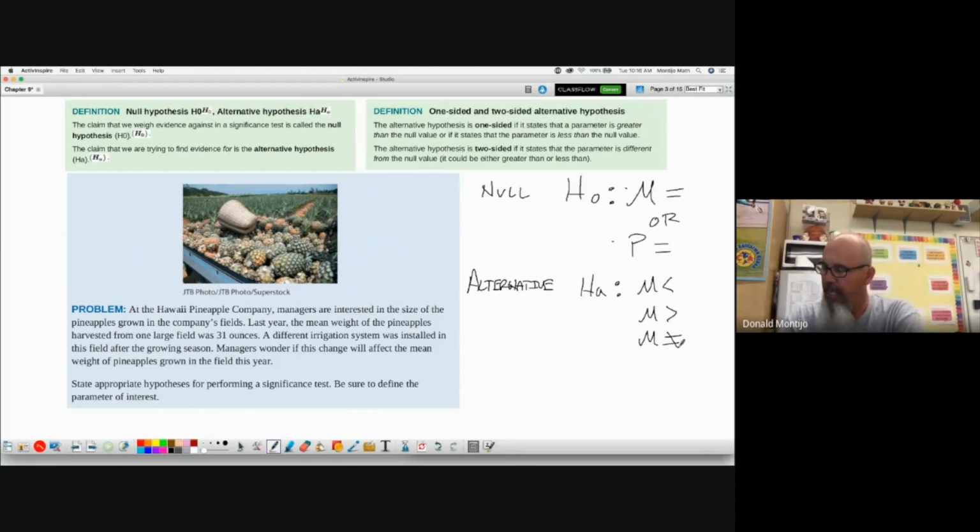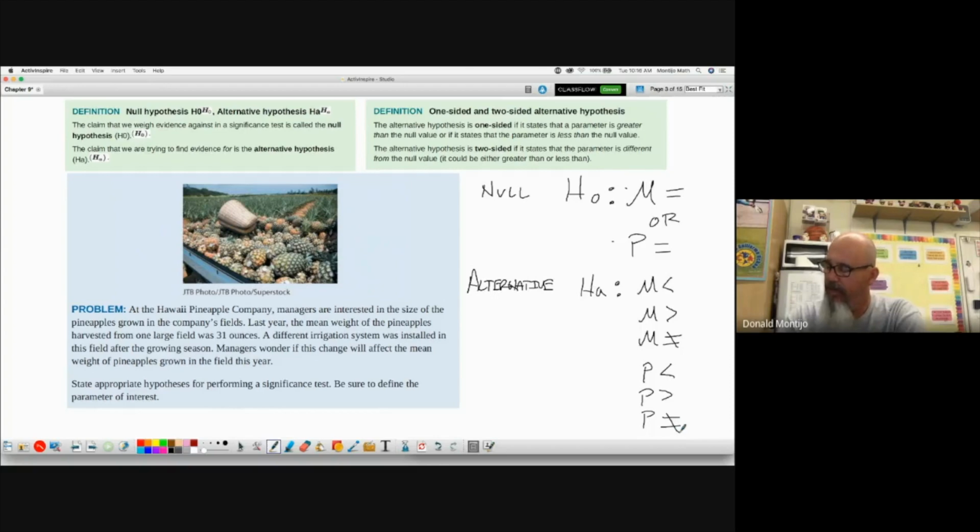That would be the same for the categorical data. We could have that P is less than the claim, P is greater than the claim, or simply P is not equal to the claim. So every single null and alternative will be written this way. The null will always be equals, and the alternative will always be less than, greater than, or not equal to.